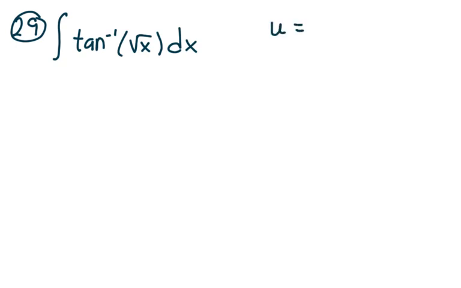It's a nice technique to know, you guys. So if I let u equal that square root of x, now let's square both sides. And so u squared equals x, completely legal. So I'm going to differentiate, and so I get 2u du is equal to dx, okay?